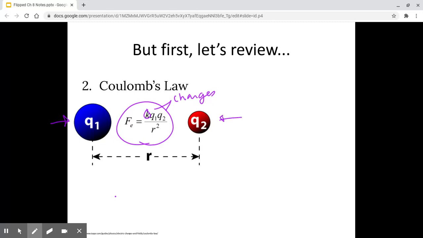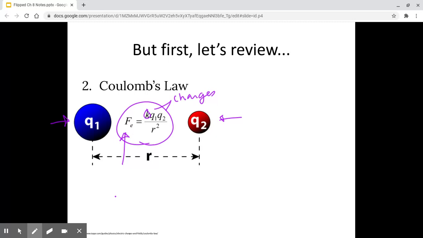The strength of these charges is going to affect the energy between them, and that's what this F is going to be. It's basically the energy that results, the energy of attraction or the energy of repulsion, depending on the charges, between these first two.